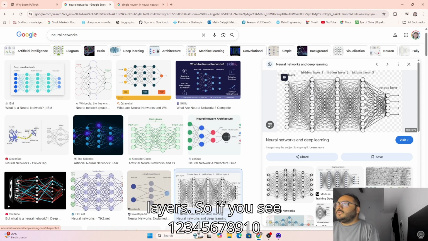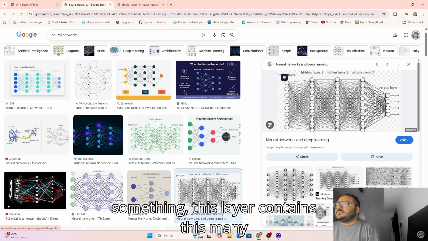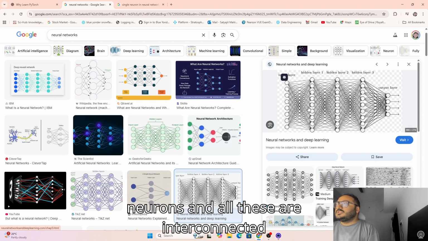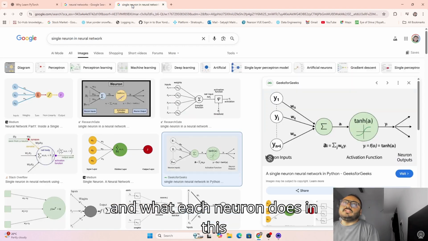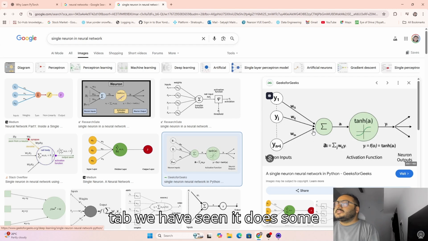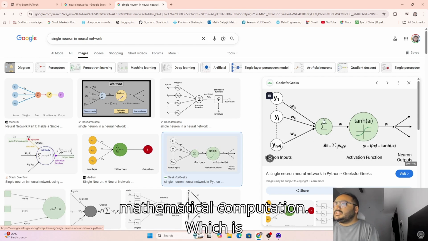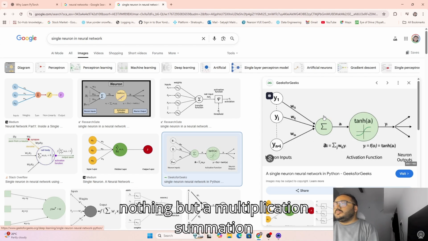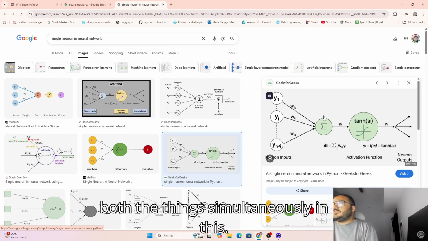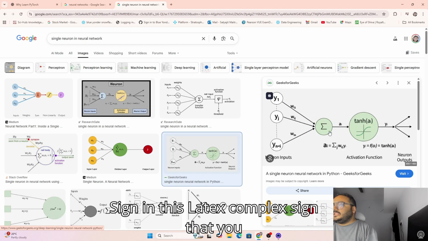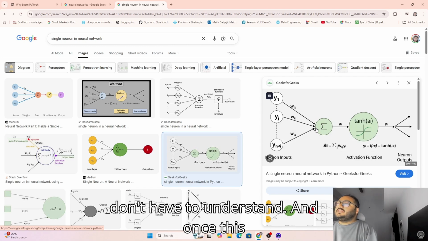So if you see 1 2 3 4 5 6 7 8 9 10 something, this layer contains this many neurons, and all these are interconnected. And what each neuron does, as we have seen, is the mathematical computation, which is nothing but multiplication and summation, both things simultaneously, in this sigma, this complex sign that you don't have to understand.